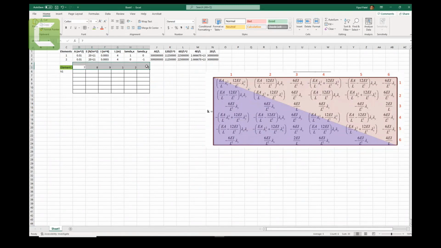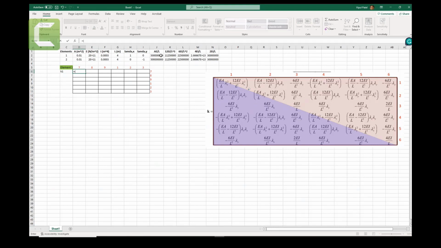You know where this is coming from, right? We did this one. So 7, 8, 9, 1, 2, 3, and we got this. Now the first one is equal to bracket EA on L. For completeness, I will do everything, so when we change the numbers, we don't need to worry.